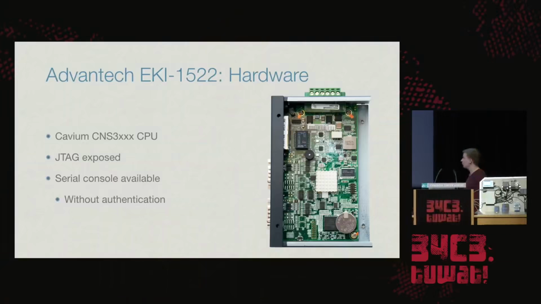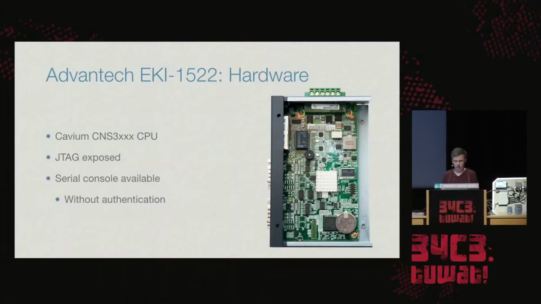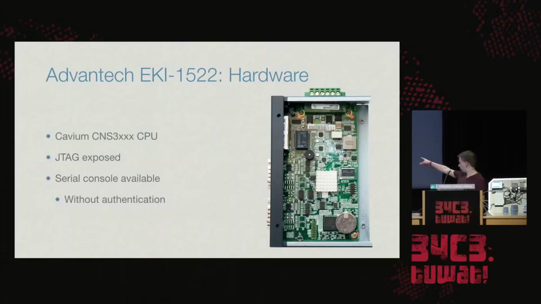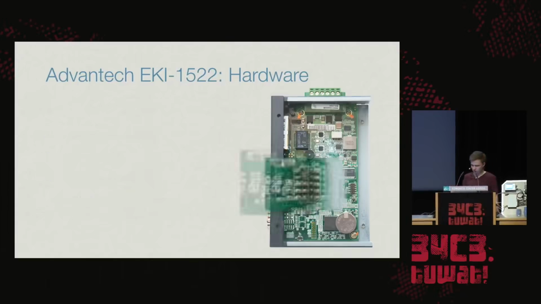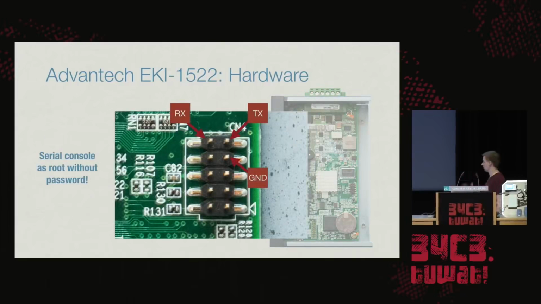It comes with a Cavium CNS CPU. It has JTAG exposed on the bottom there, and the serial console is available, again without any authentication. So beautiful. You just connect your Bus Pirate or your UART adapter to it, and you have a full serial console.